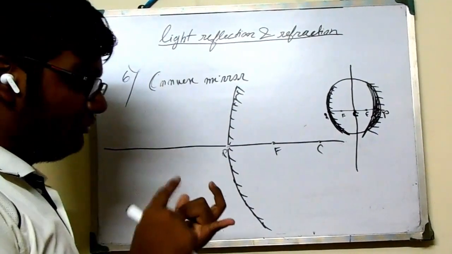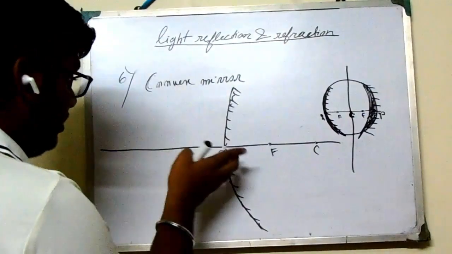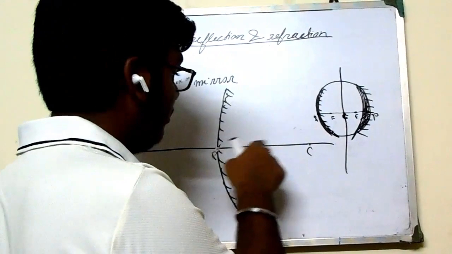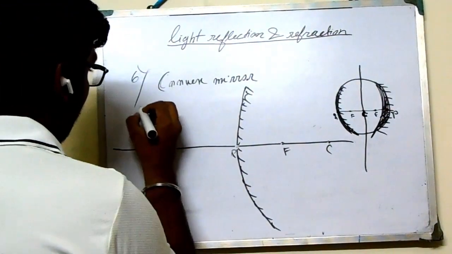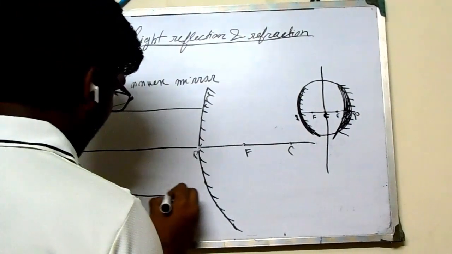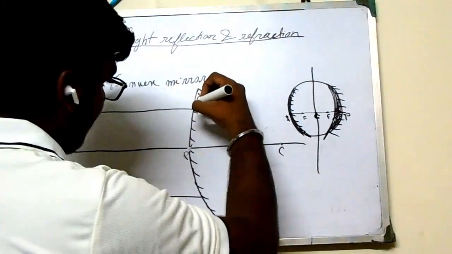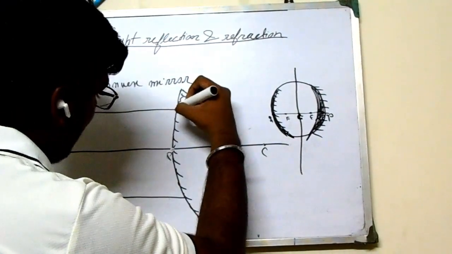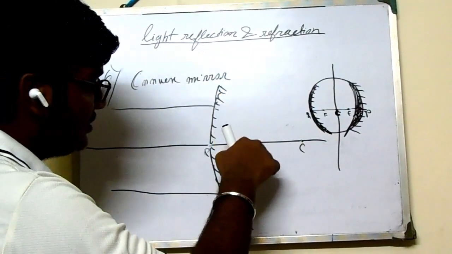In the case of concave mirror, P, F and C will be on the left hand side, and in the case of convex mirror, it will be on the right hand side. Okay, and the rays are coming this way. First we have to draw this one, and the reflected ray will go straight toward this focus.